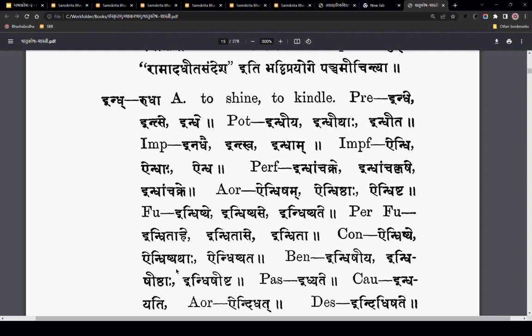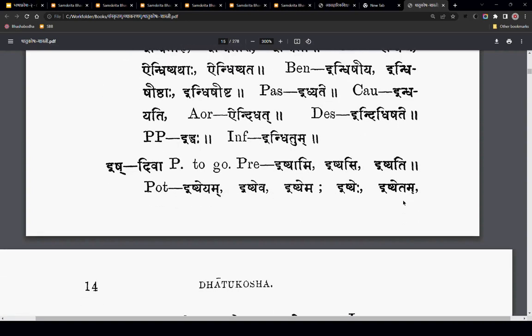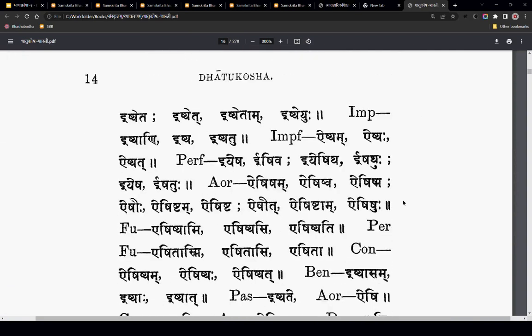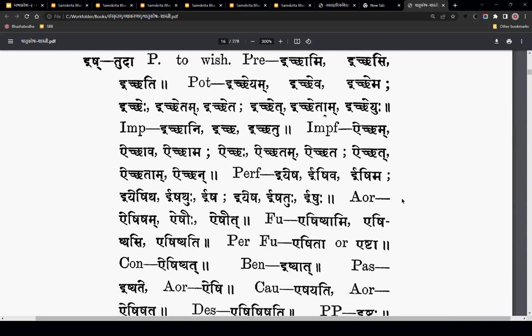So these are the kriyapada forms we are seeing here, and even the namapada forms like indhana, uddayana, all those come from these dhatus. In this case. Okay, any question?